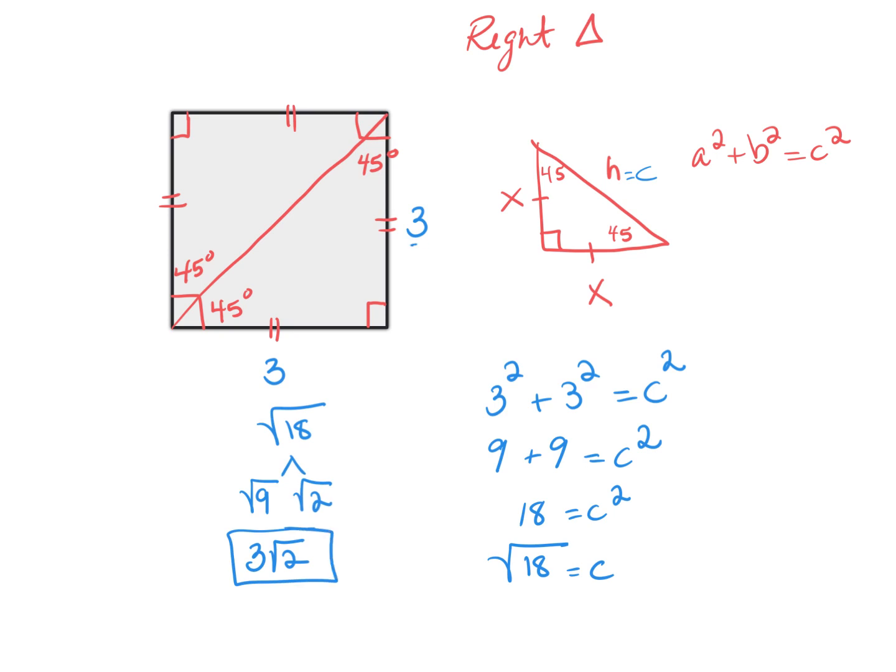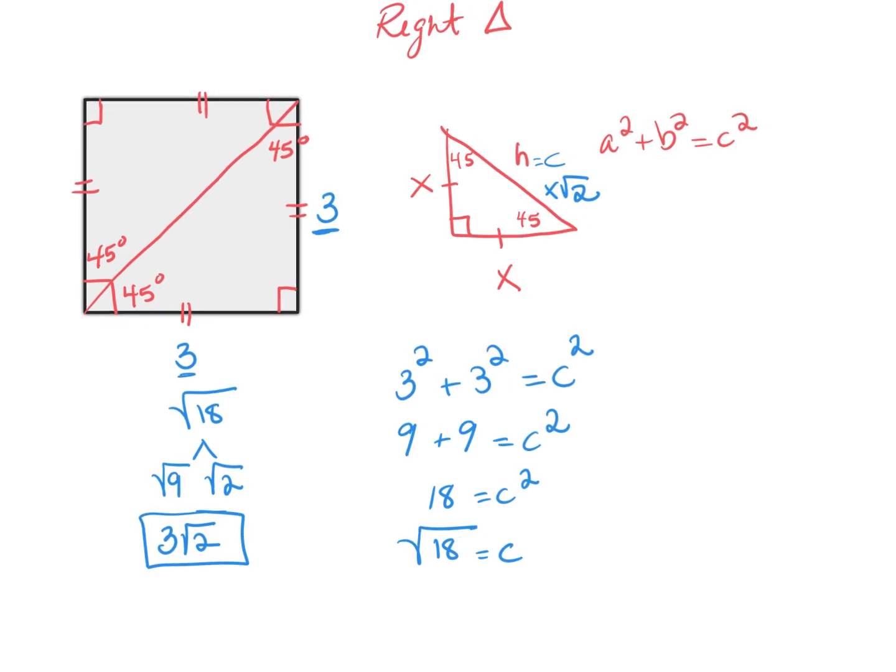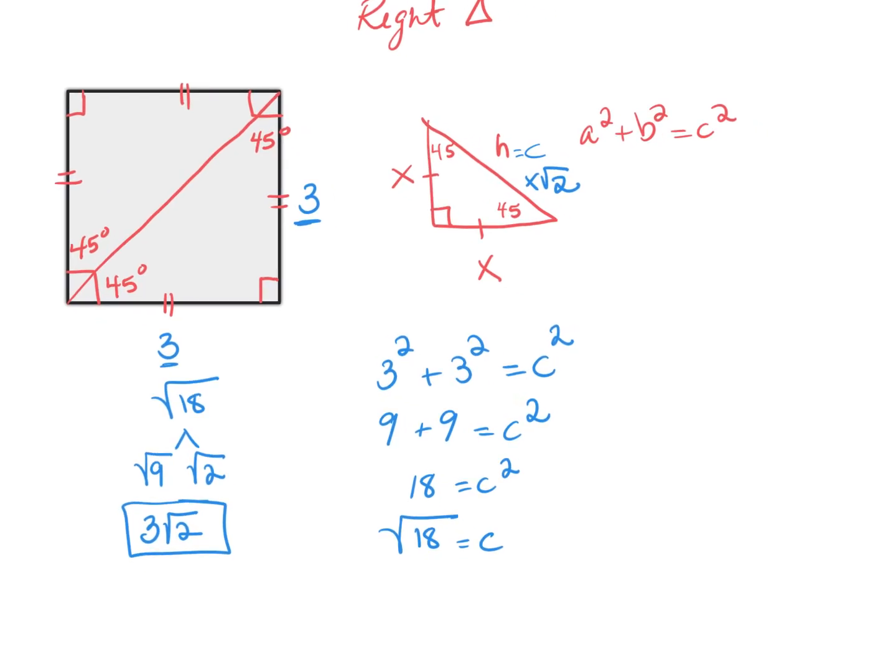So you notice that the length of the hypotenuse is the length of the leg times the square root of 2. Now this will work for any length of the square. Let's try 7, for instance.